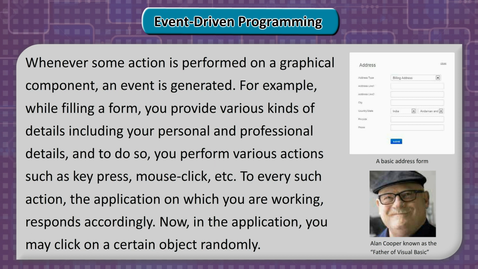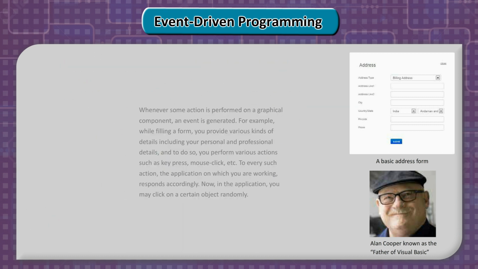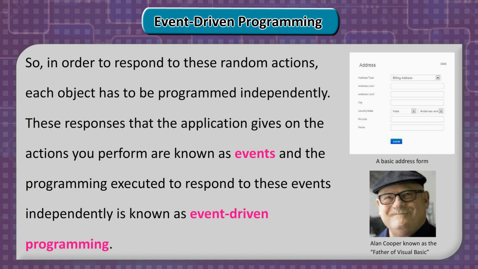For example, while filling a form, you provide various kinds of details including your personal and professional details, and to do so, you perform various actions such as key press, mouse click, etc. To every such action, the application on which you are working responds accordingly. Now, in the application, you may click on a certain object randomly. So, in order to respond to these random actions, each object has to be programmed independently.